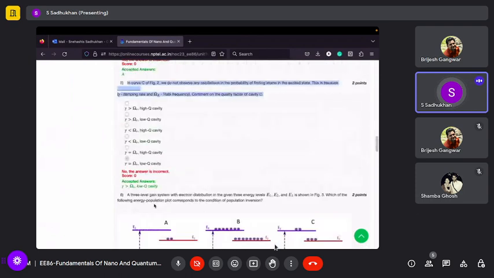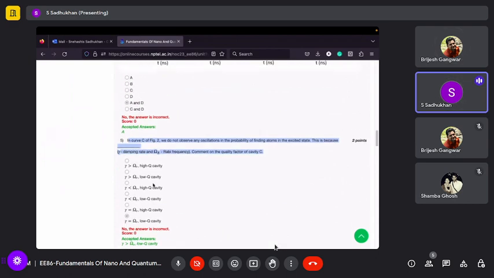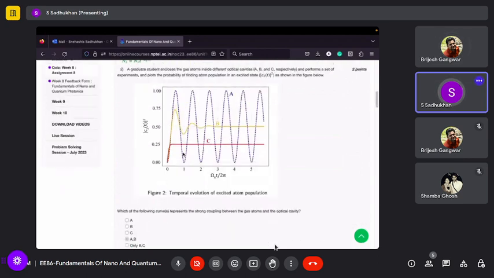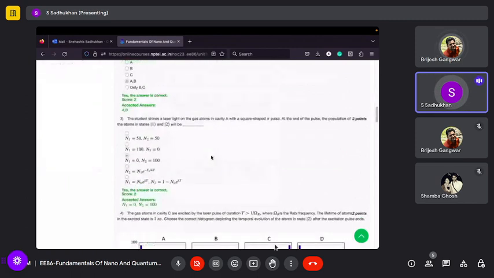Because in the class also when sir taught us, he didn't mention anything about gamma greater than omega or something like that. So that's why I chose this option that gamma equal to omega and low Q cavity, as you can see from this curve. Also when sir taught us, for curve C he mentioned gamma equal to omega r.